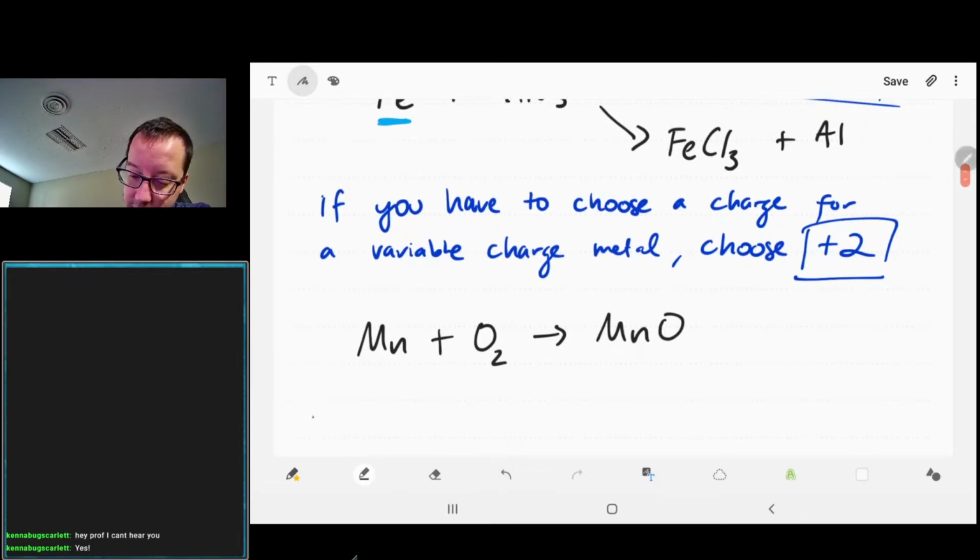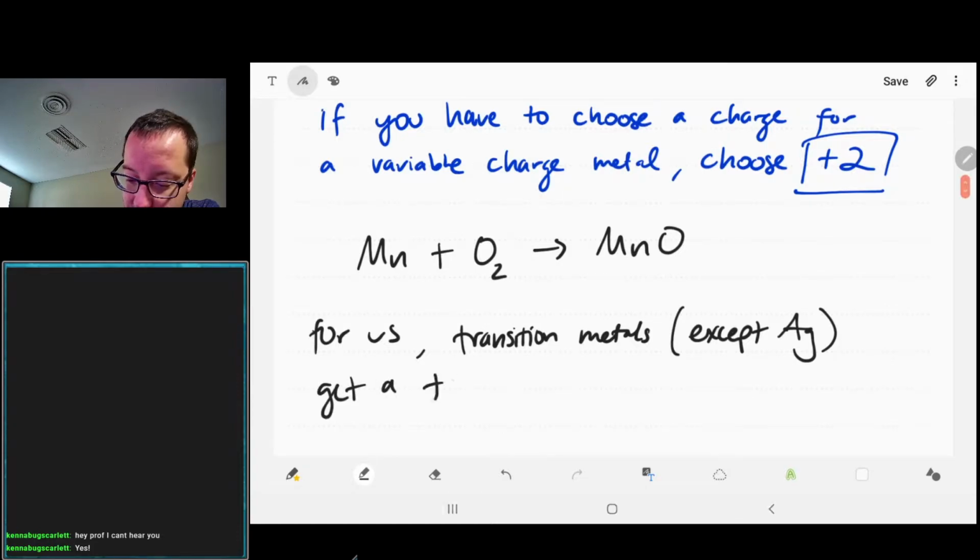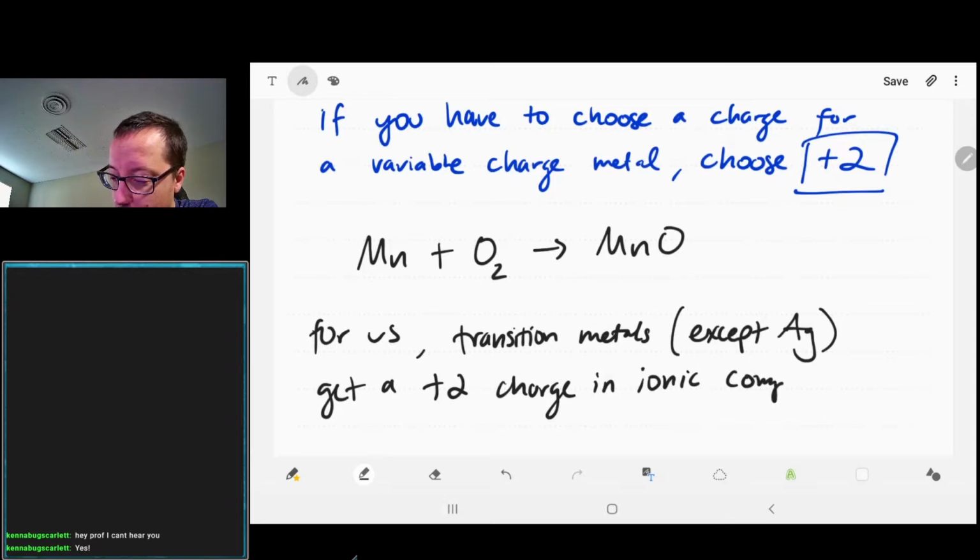All right, so for us, transition metals, except silver, of course, get a +2 charge in ionic compounds, or let's say formed in chemical reactions.